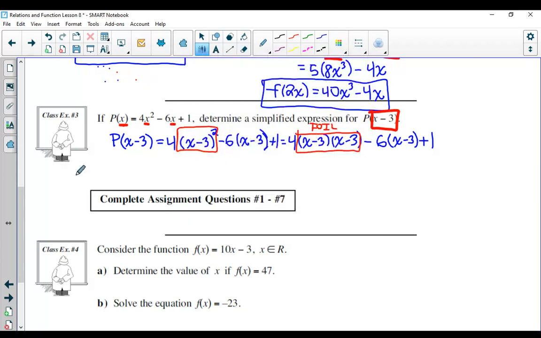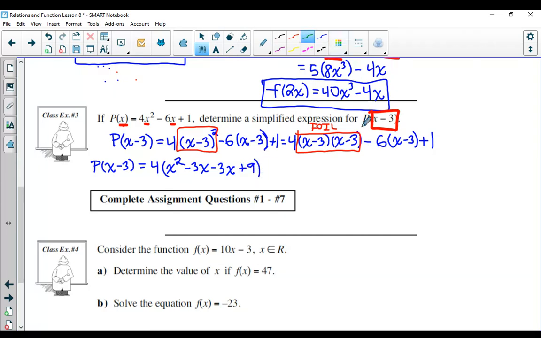So if I do that, I would then have p of x minus 3 would be equal to 4. First times first would be x squared. Outside, outside, it'd be negative 3x. Inside, inside, it'd be negative 3x. Last times last would be negative 3 times negative 3 is positive 9.